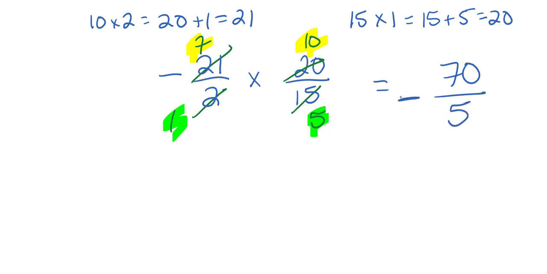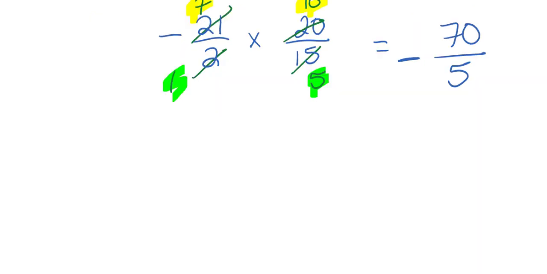And we also have a negative sign. Negative 70 over 5. We notice it ends in a 0 and a 5, right? And so we can actually just divide by a factor of 5 on both sides, or we can try to go ahead and convert this into a mixed number and then see where that goes. Either will lead us to the right answer. So I'm going to go ahead and go like this. 5 can go into 70 one time, right?